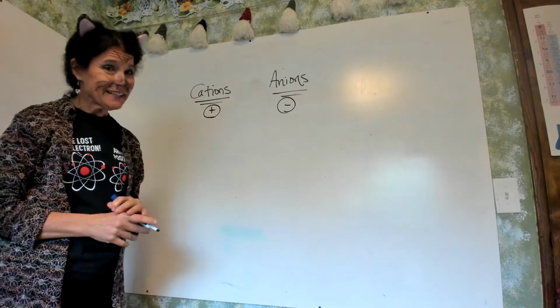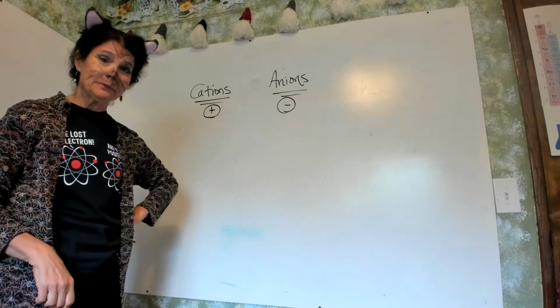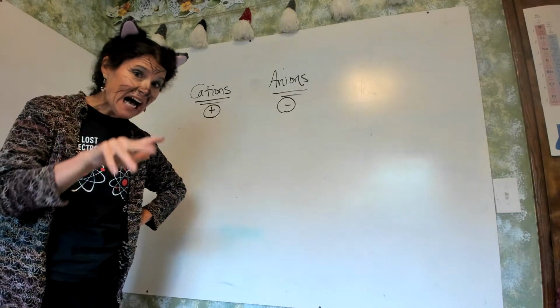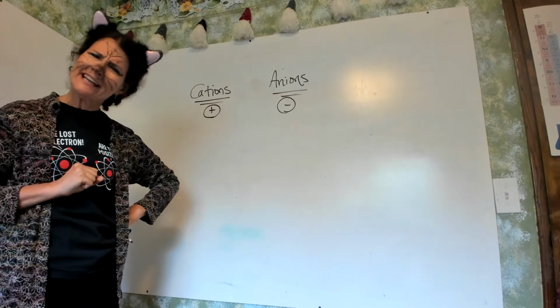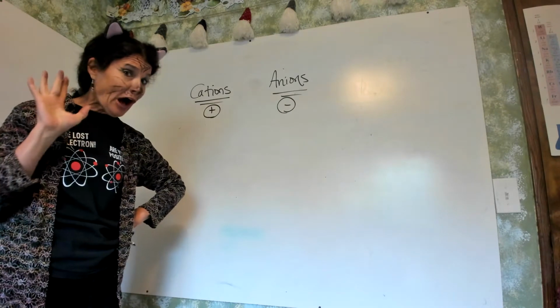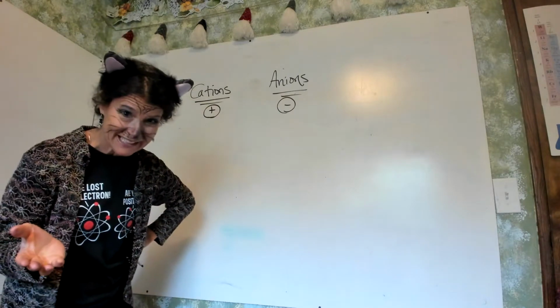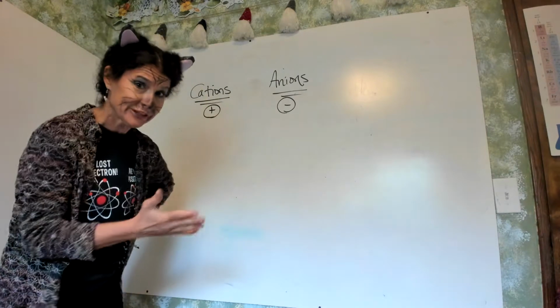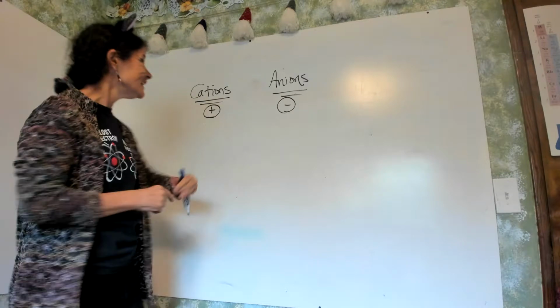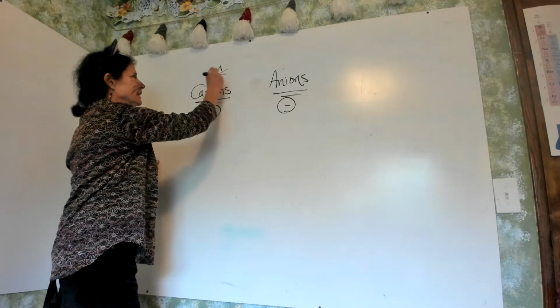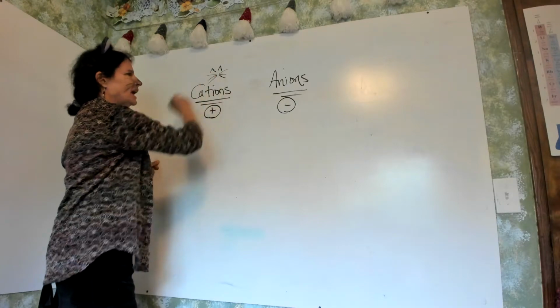He told me the way he remembered this was cats have paws, so they're positive. And now they've even taken it a step further. This is all over on Google now that cats have paws, so they're positive. So you can draw your little cat face each time.